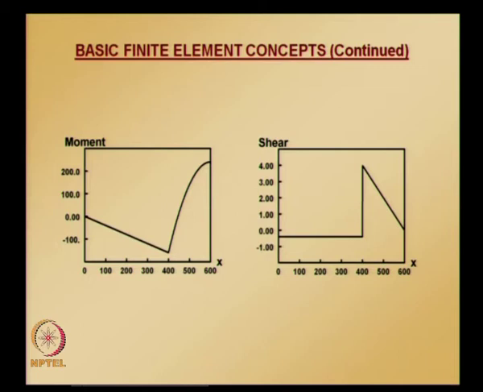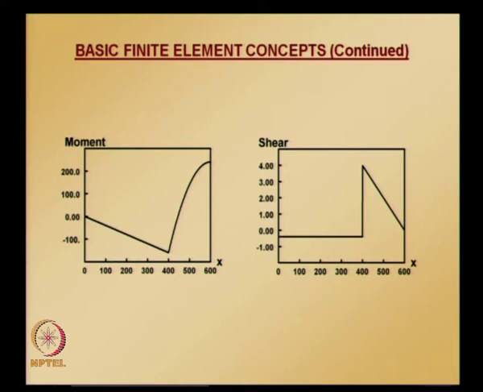Element 1 is spanning from 0 to 400, element 2 spanning from 400 to 600. So, if you see this moment diagram, it shows how moment varies with respect to the span: on the x axis you have span and along the y axis you have moment.